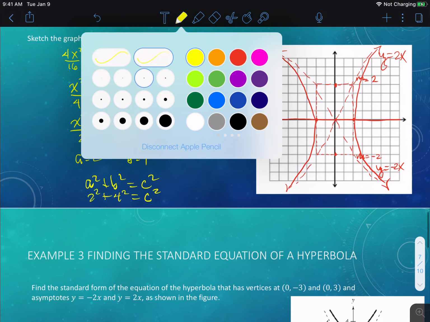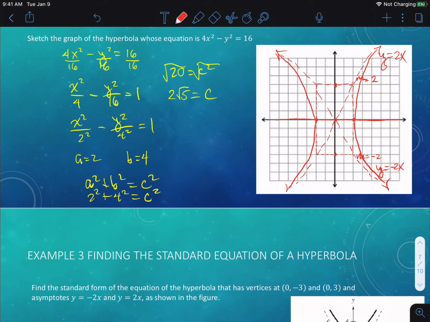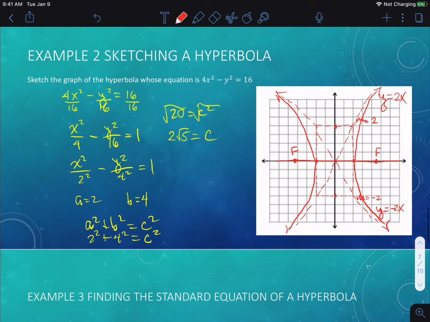So that makes my foci going to be all the way to the left, 4 and a little bit more. And there's my focal point there, and to the right 4 and a little bit more, and there's my focal point. So I can say focal point and focal point, and there's a good picture of that hyperbola.